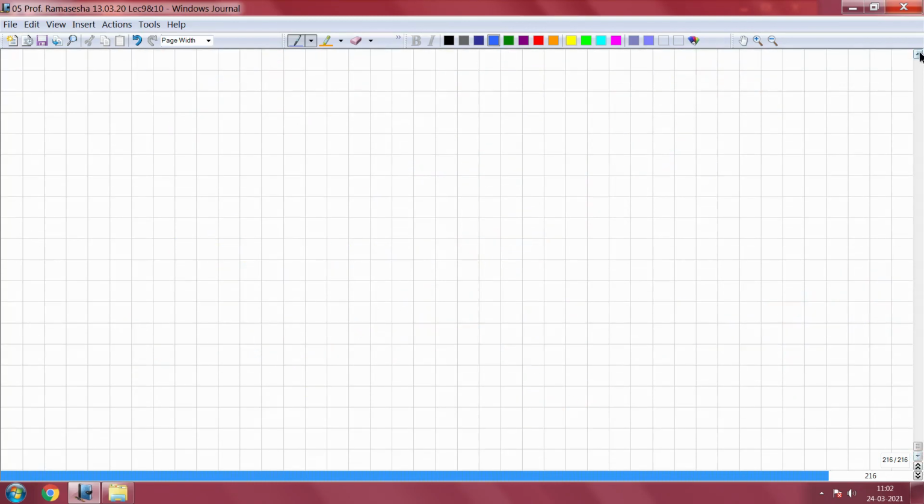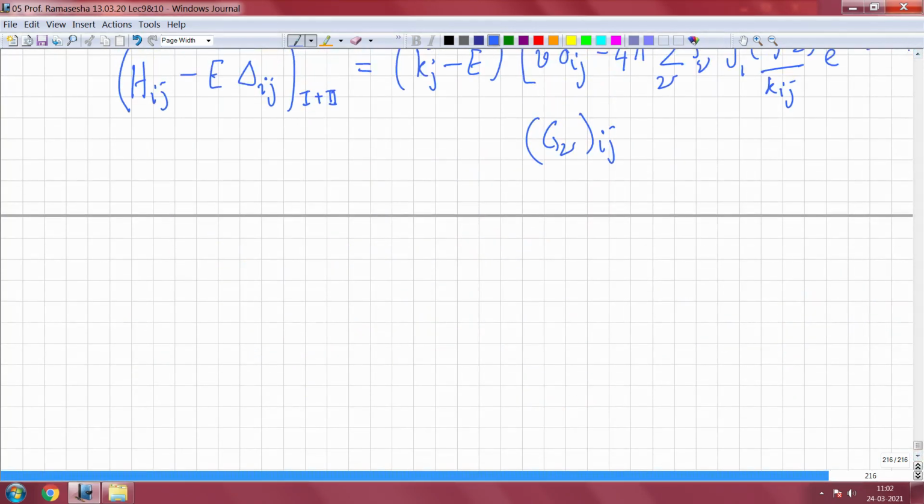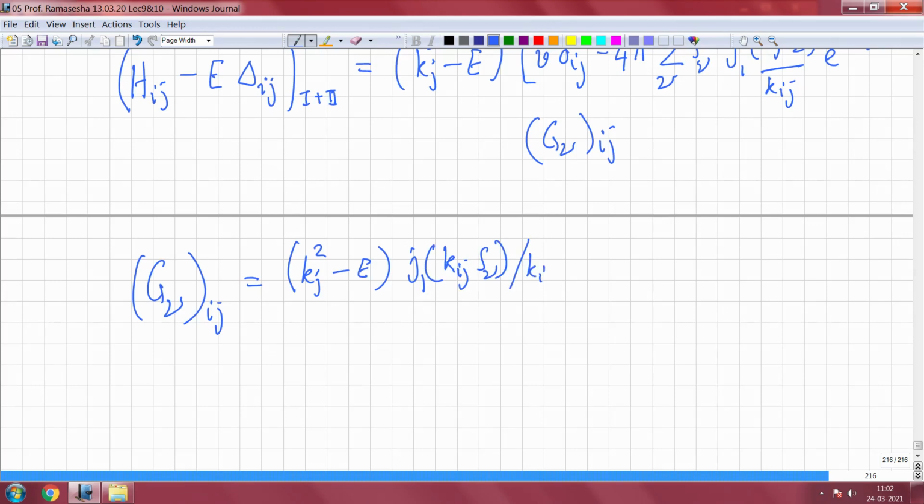And this g nu ij is the quantity k j squared minus E times j1 of k ij s nu upon k j, minus the sum over L from 0 to infinity.